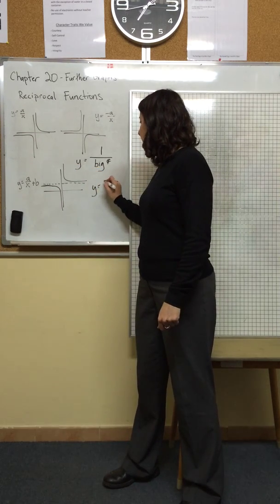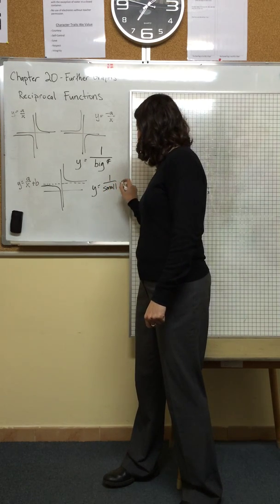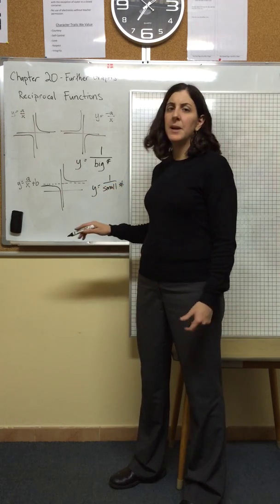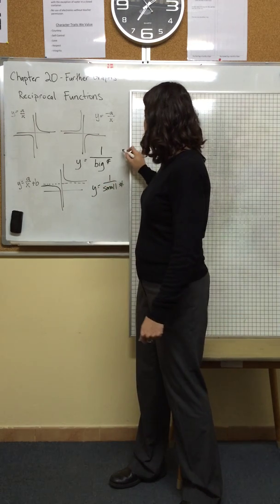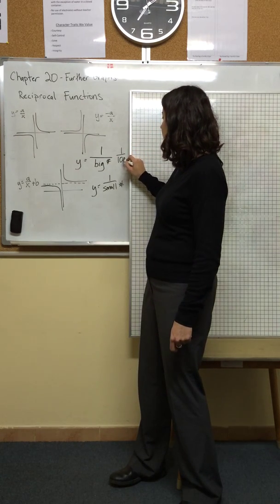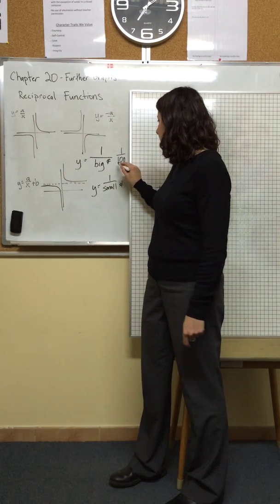The same way, if we have a small value, small number for x, then y is going to be a big value. So if you think about this with actual numbers in here, if we have a big number, 1 over, let's say, 100, 1/100th is a small number, 100 is a big number.